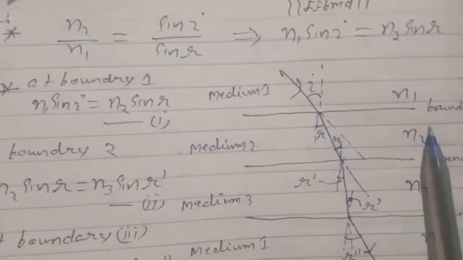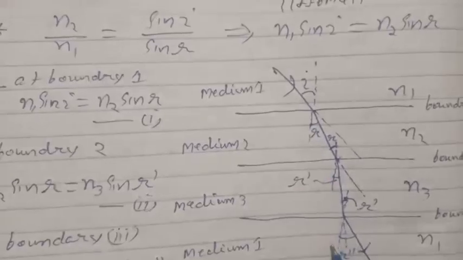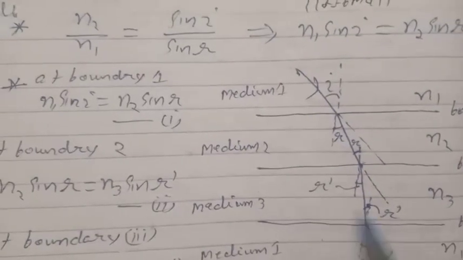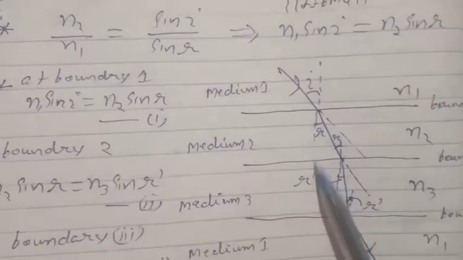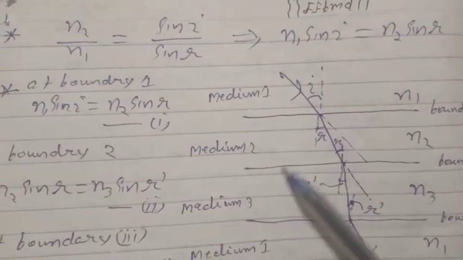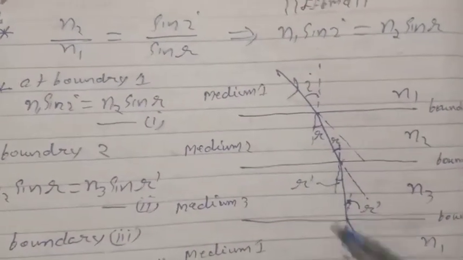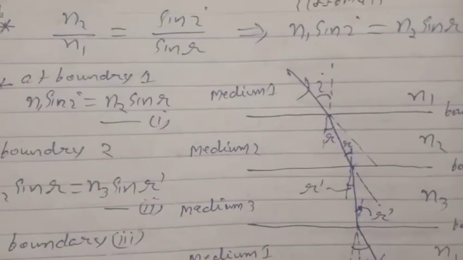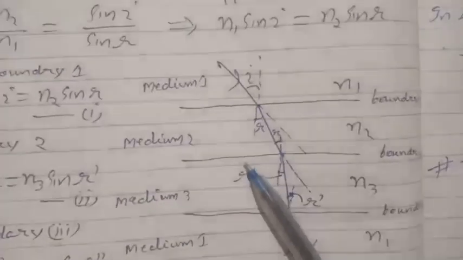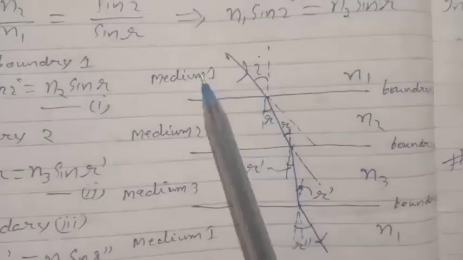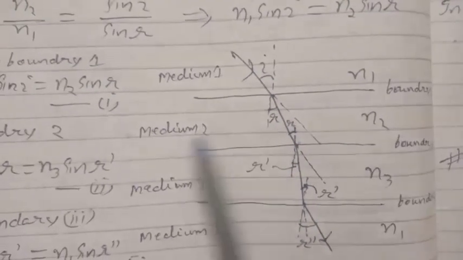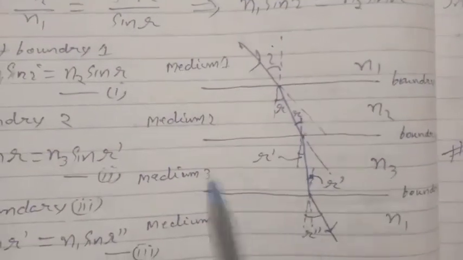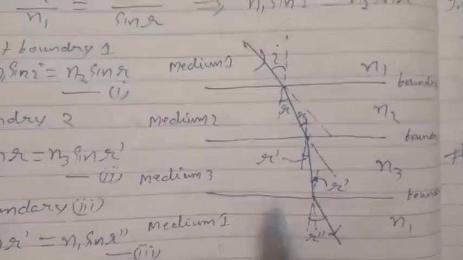Now, if there are several boundaries and light passes through them, then a relation can be derived between the angle of incidence and the angle of emergence. In this figure, this represents medium 1, this represents medium 2, this represents medium 3, and this is again medium 1.